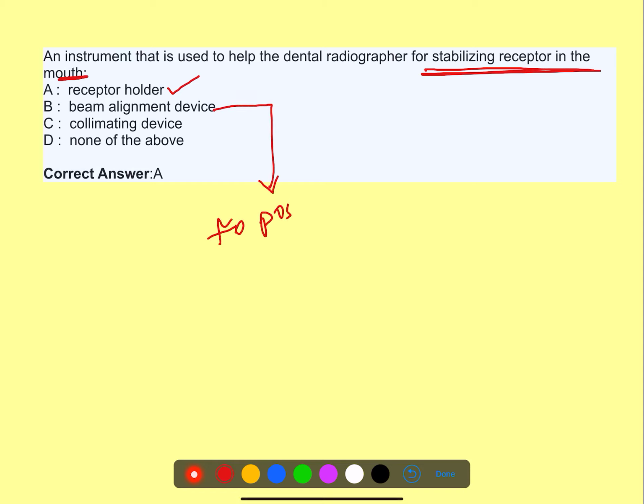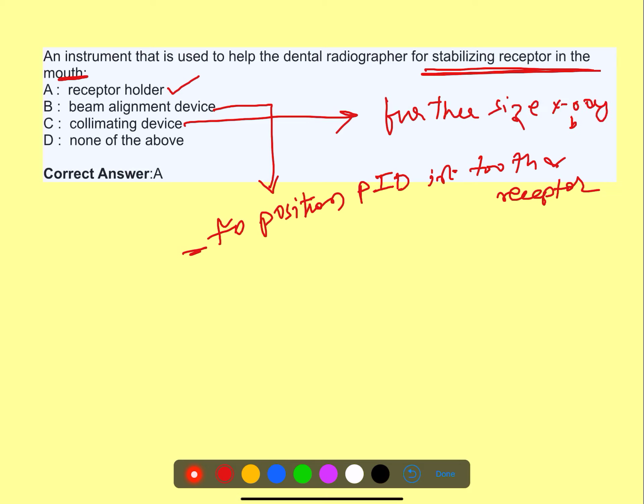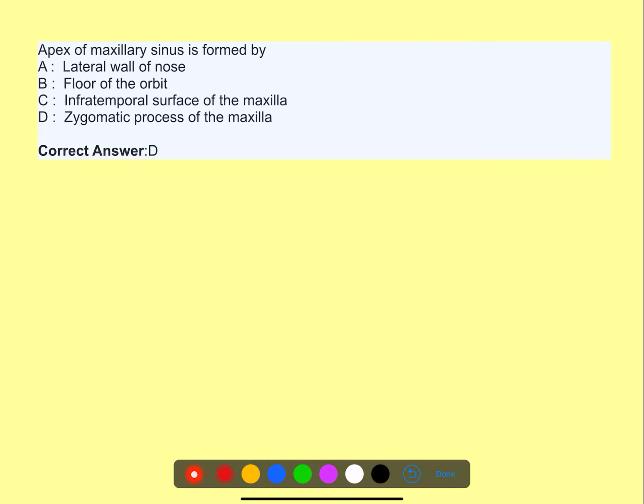That is, it helps to position the indicating device in relation to tooth and receptor. Whereas a collimating device, as I think you people know, is used to further restrict the size of the X-ray beam. So the option is receptor holder.